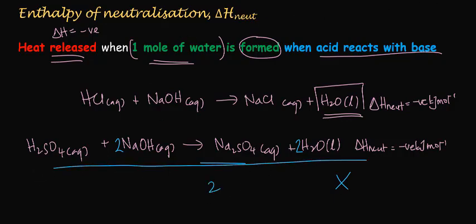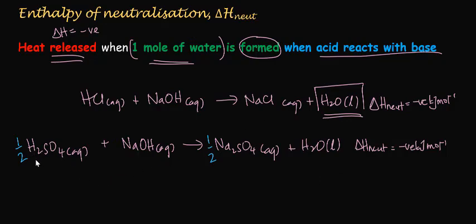So you should have half a mole of H2SO4 reacted with 1 mole of sodium hydroxide to produce half a mole of sodium sulfate, Na2SO4, so that we have 1 mole of water here. This is the correct thermochemical equation based on the enthalpy of neutralization, because we need 1 mole of water formed.